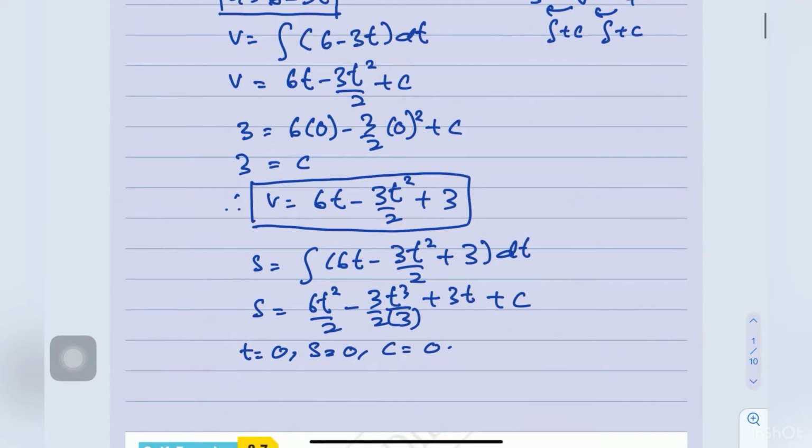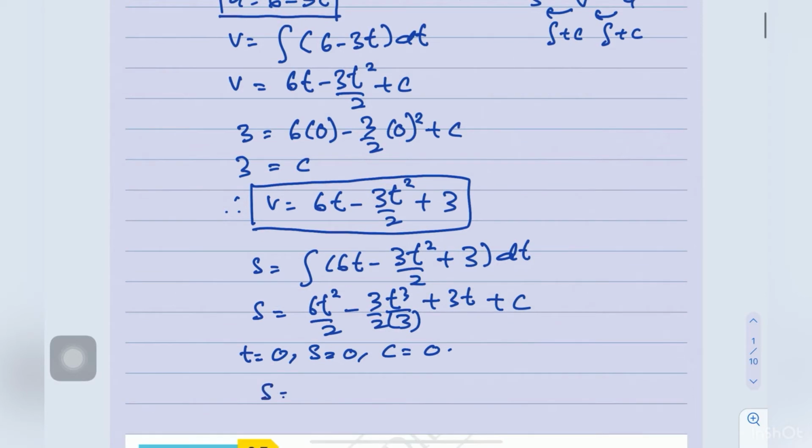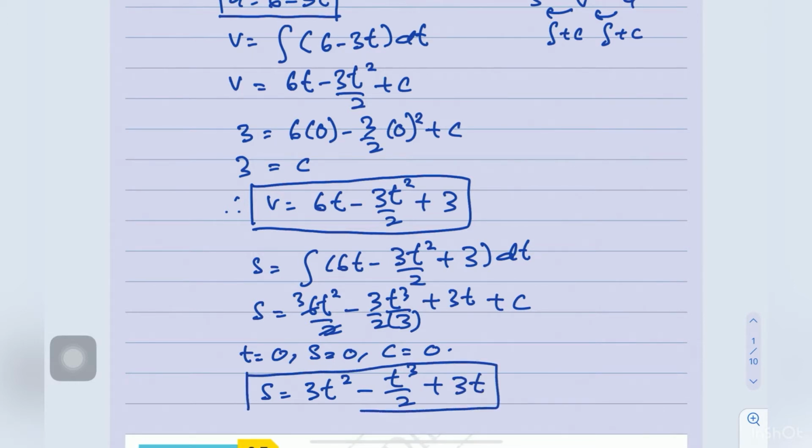So finally S equals, simplifying, 3t squared minus t cubed over 2 plus 3t. This is the function of displacement.